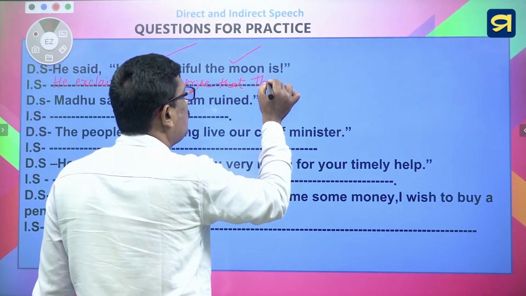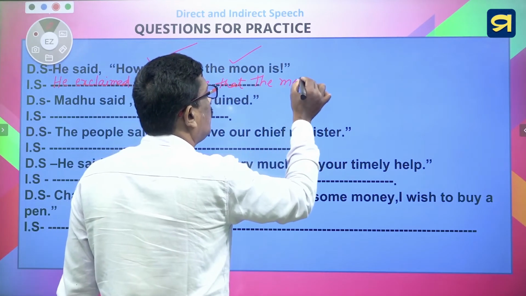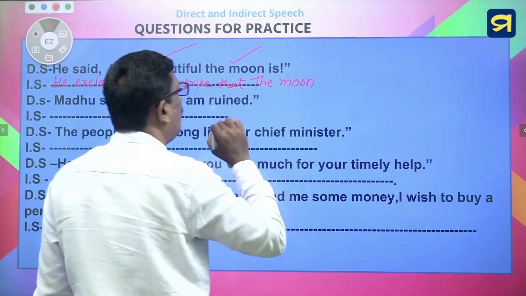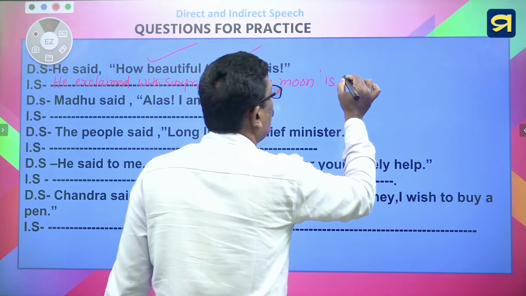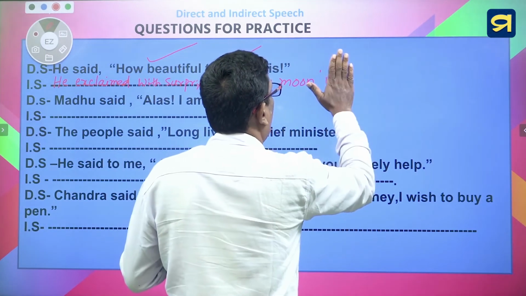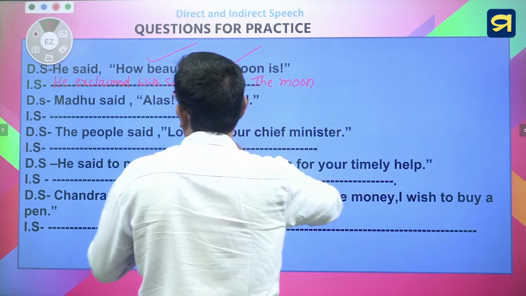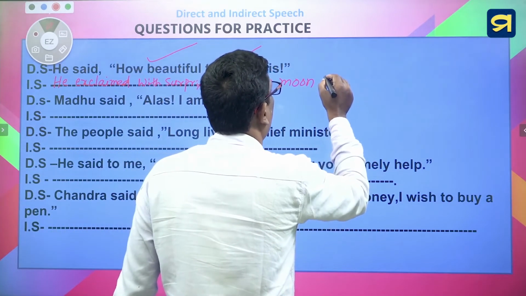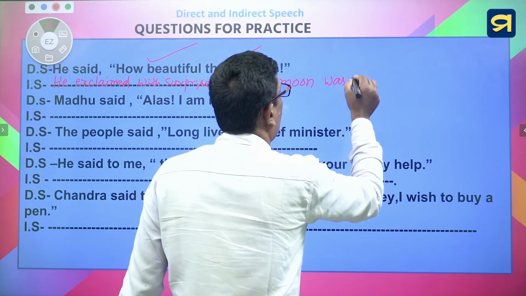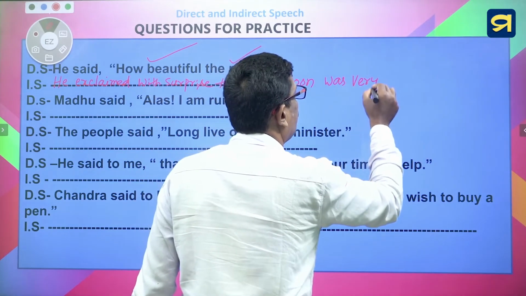Then we will use the moon. Okay? And the moon was very beautiful. Not is, was. Why was is used? Because the reporting verb is in the past tense. That's why we will use the moon was very beautiful.